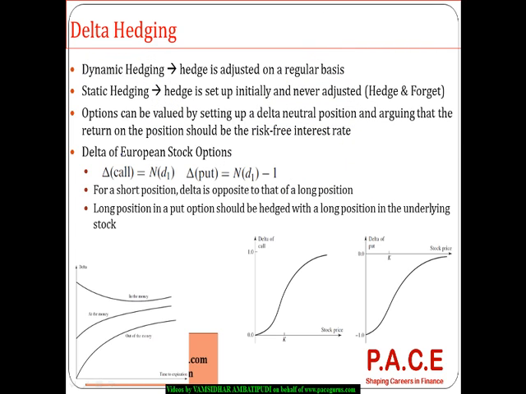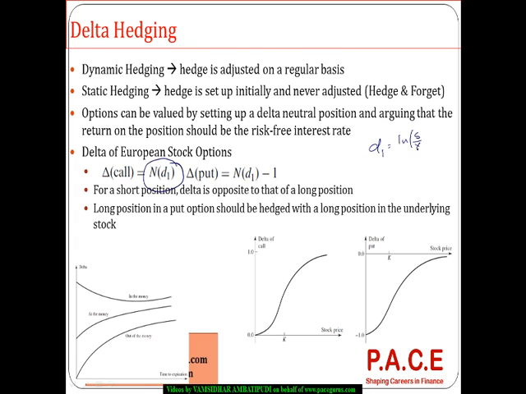And just to compute it, if I am using the Black-Scholes formula, the delta of a European call option on a stock which does not pay any dividend is simply N(d1). d1 we have earlier computed, right?